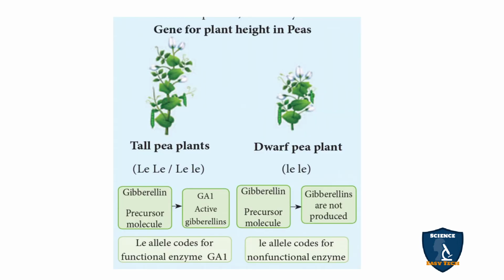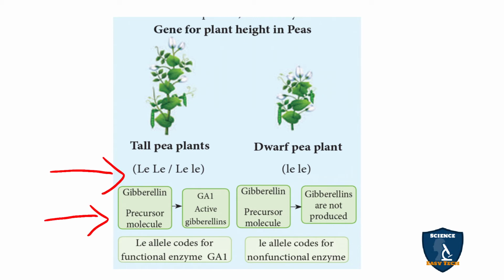The tall plant is controlled by the gene LE LE, that is capital LE capital LE, or capital LE small le. So homozygous dominant or heterozygous dominant, these are the genes controlling the gibberellin precursor molecule.